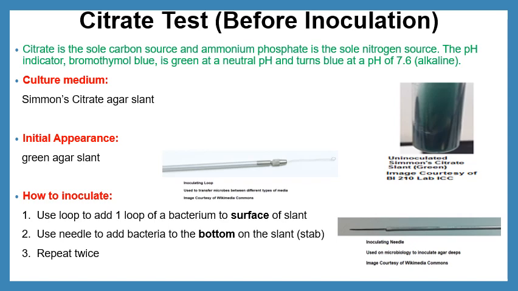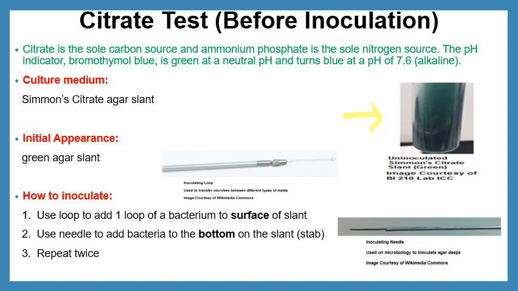Initially, in this test, you will start off with a test tube of something called Simmons citrate, and it has a green color and a pH of 6.9, which is basically neutral. So 6.9 is almost 7, and 7 is neutral. That is the color initially.